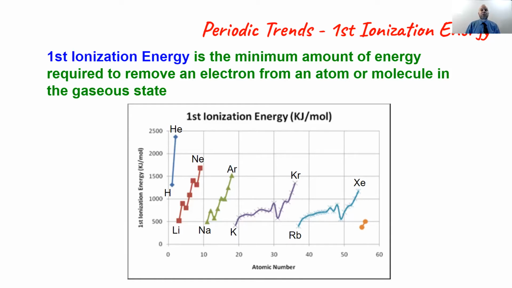First, the electron is closer to the nucleus because the atom is smaller, and second, because of an increase in the number of protons, it becomes more difficult to remove an electron from this tight, compact, really strong atom. There are a few hiccups that occur along the way. Let me identify those for you.